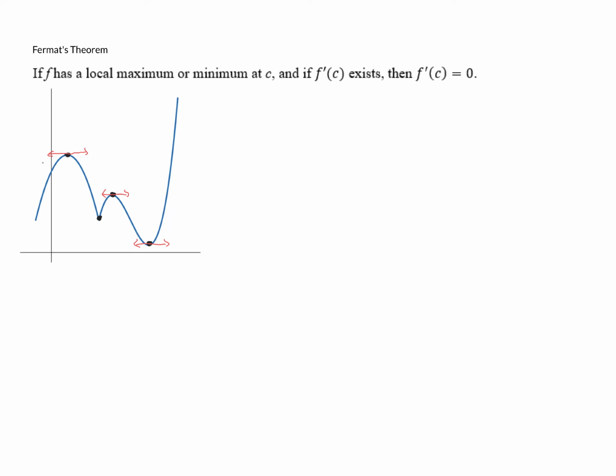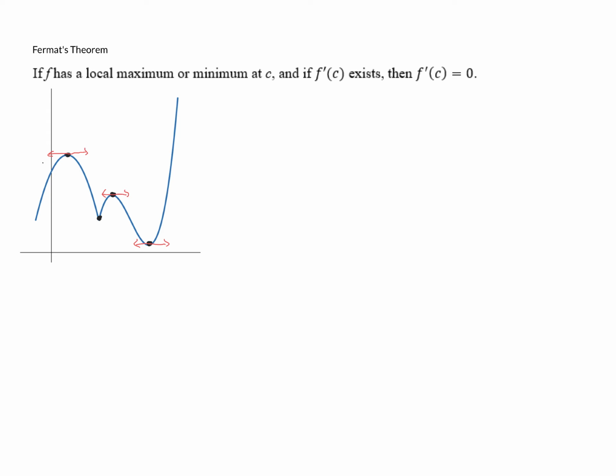And so it can't be a maximum value because that means it is growing at that point. The same thing is true if the derivative was negative. If we've got a negative derivative, that means a negative sloping tangent line. That means our function is decreasing. And so again, that's not going to be a local maximum or a local minimum. So if we have a local max or min and the derivative exists, then that derivative is equal to 0.